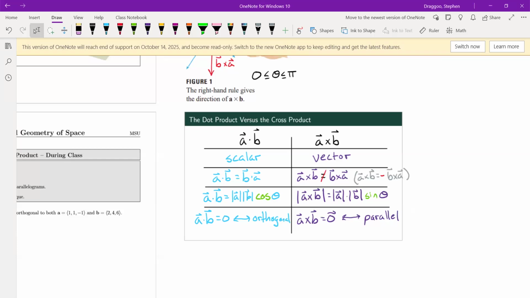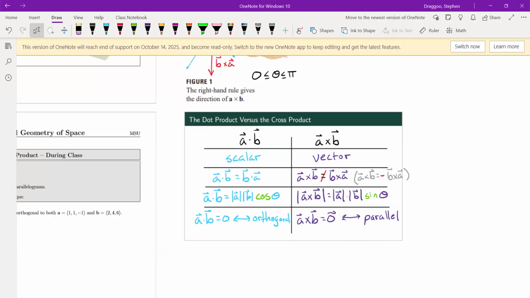And finally, there's a zero property for both of these products. If the dot product is 0, that means my two vectors are orthogonal or perpendicular to each other. And if my cross product is 0, that means that my two vectors are parallel to each other, which is kind of the reverse if I swap those.